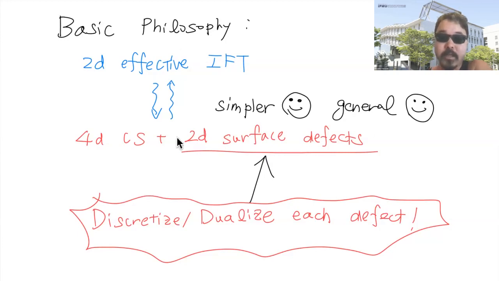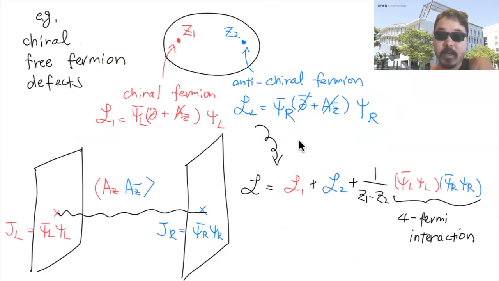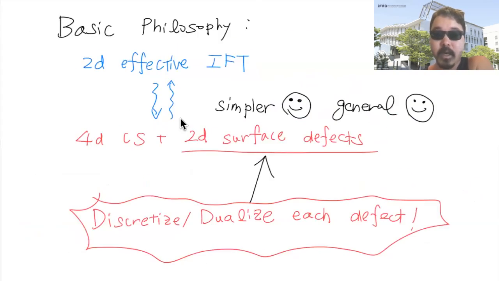You can discuss everything either way, but there are some advantages of starting with the four-dimensional description. One reason is that the surface defect theories tend to be very, very simple. For example, in this case you have a Thirring model, which has an interaction term, but the surface defect theory itself is a free theory, really free, just coupled to the external gauge field. So it's a very simple description.